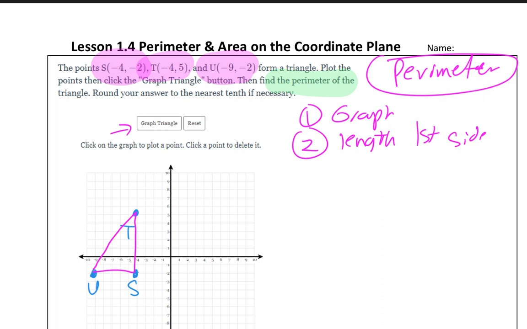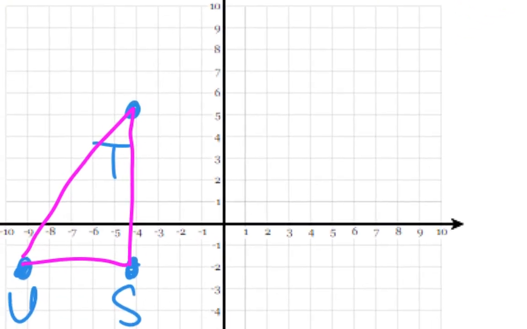To calculate ST, this one is vertical, right? So all we have to do is just count the units. We can do a couple different ways. We can start at 0, or we can just draw the dots: 2, 3, 4, 5, 6, 7, right?